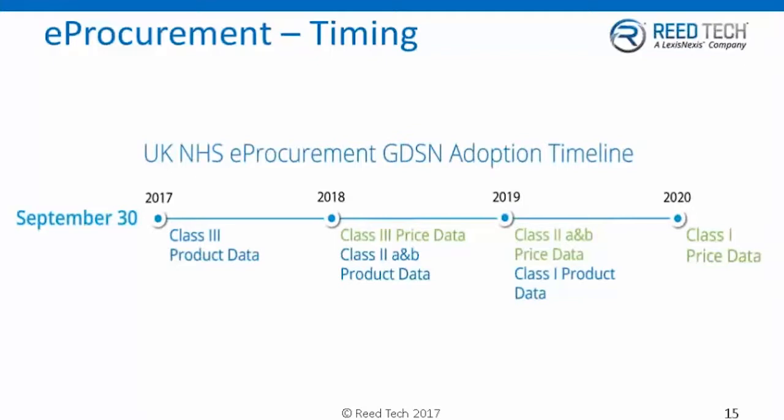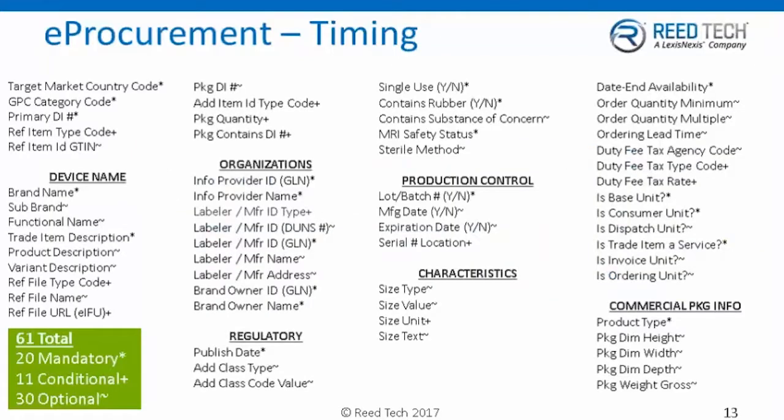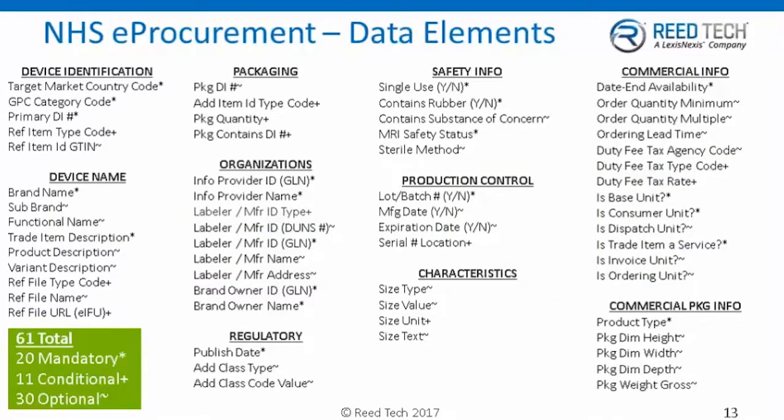The structure is different inside GDSN, where only records that are related to a sellable, invoiceable product are actually published. There are some ways in which you can make some binding and linking, but primarily the information sent over GDSN is for those products that are actually sold. So if you have something much lower in your hierarchy that is not actually sold, then it does not need to be reported to the National Health Service through the GDSN.